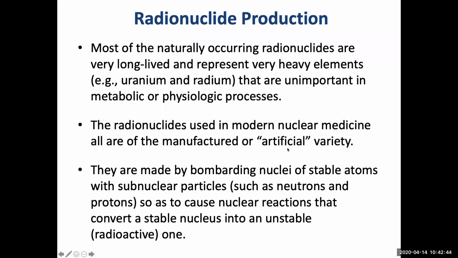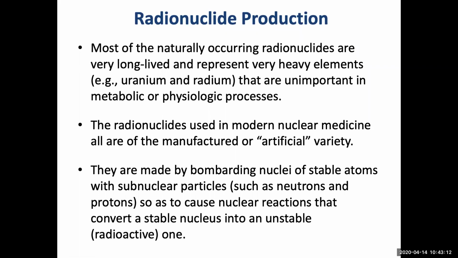We made them. They are made by bombarding nuclides of stable atoms with subnuclear particles, such as a neutron or a proton, so as to cause a nuclear reaction that converts a stable nucleus into an unstable radioactive one. So we have a stable nuclide, and we just bombard or hit it with a subatomic particle. For example, O-18 is stable.